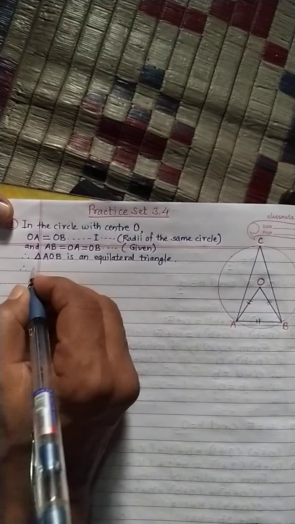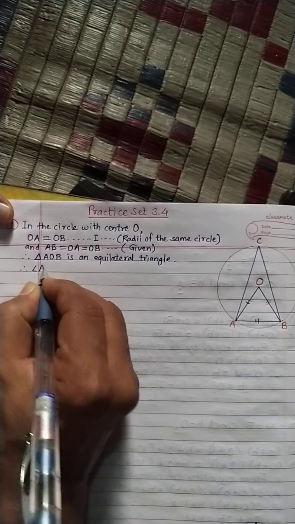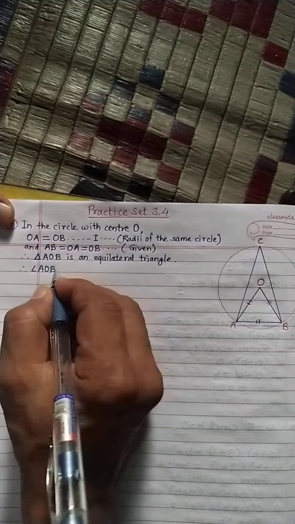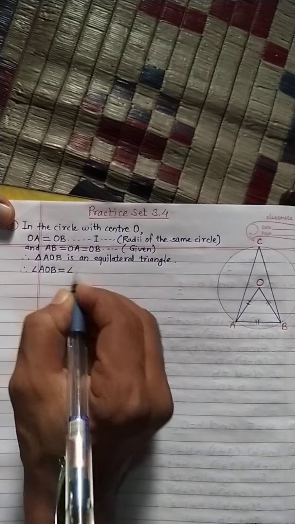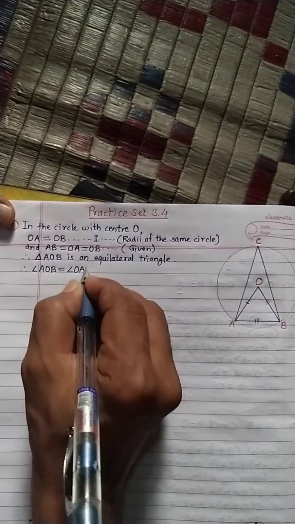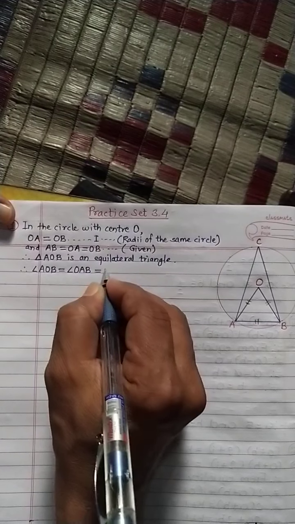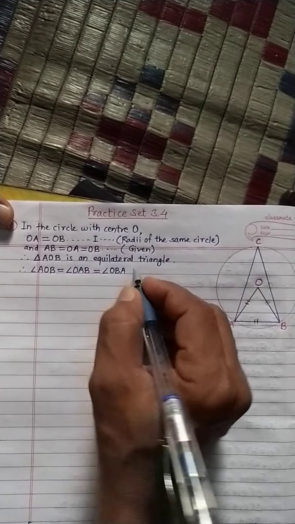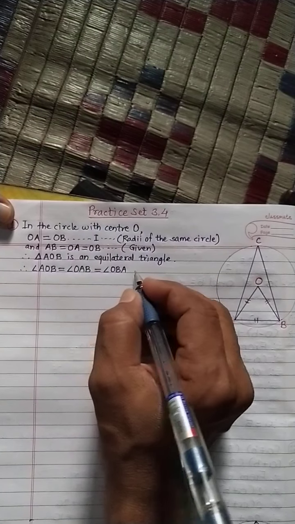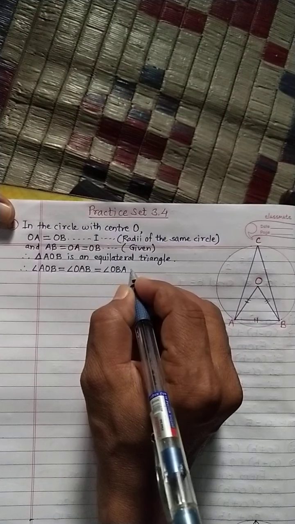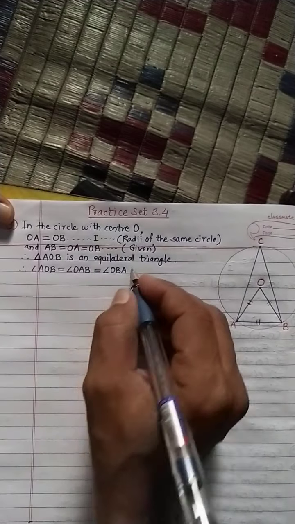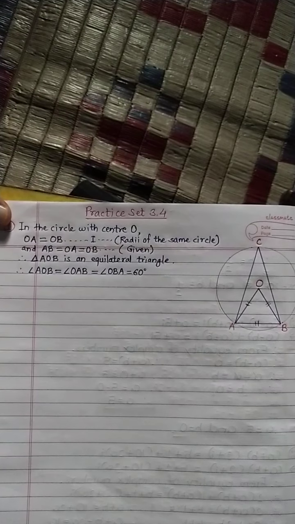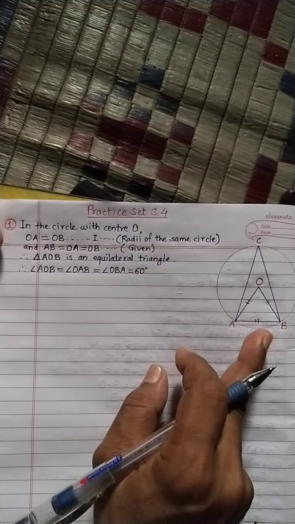So angle AOB is equal to angle OAB is equal to angle OBA is equal to 60 degrees. Why?